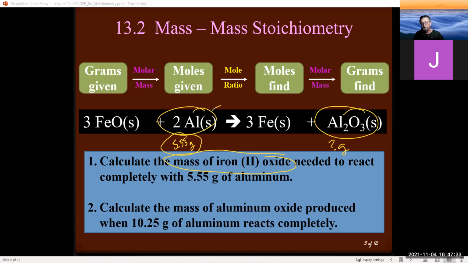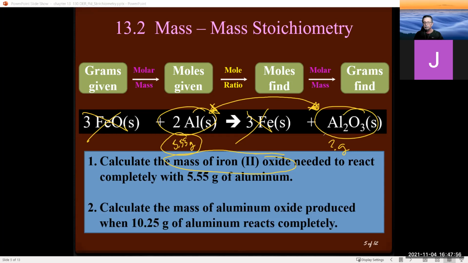And so our only concern here is the relationship between aluminum and aluminum oxide. We don't care about what's going on with the other species in this reaction. And so our relationship here is 2 aluminum to 1 aluminum oxide. That's our mole ratio.